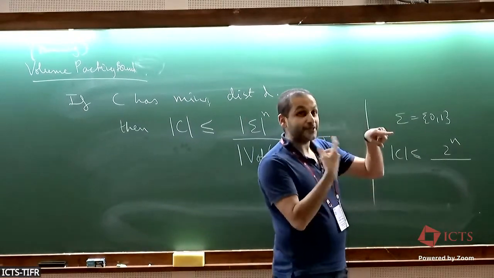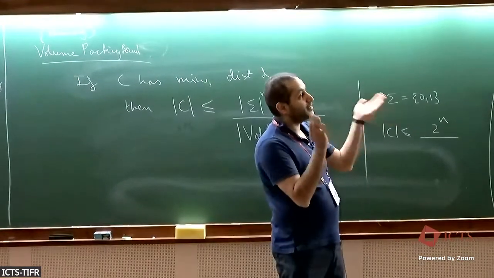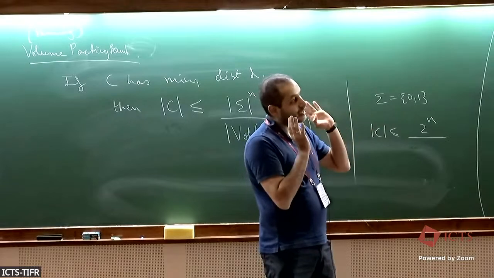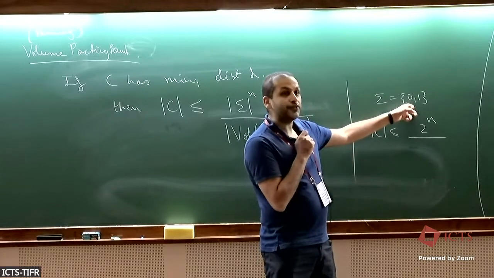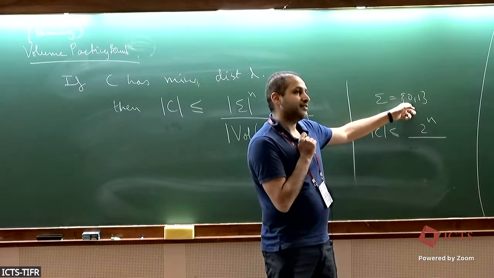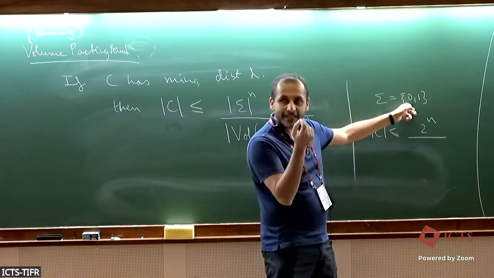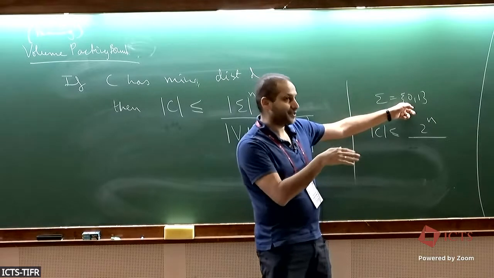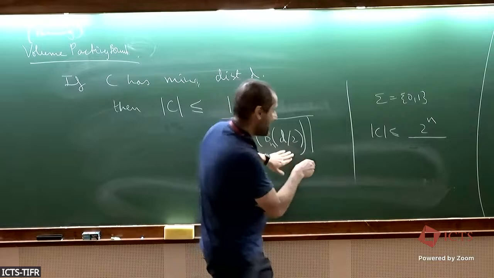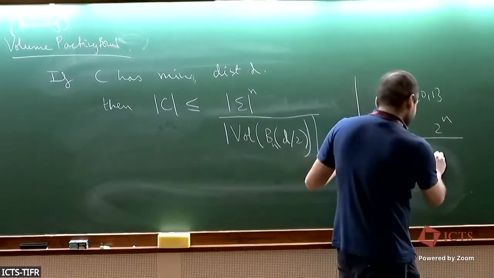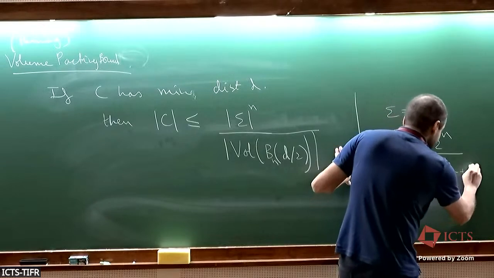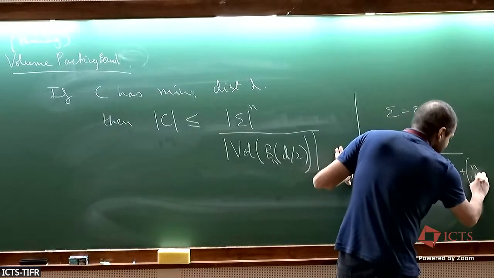Let's do it around 0. The Hamming ball around 0 is the set of all strings with at most d over 2 ones, which is n choose 0 plus n choose 1 plus n choose 2 all the way up to n choose d over 2. There are some integrality issues, so I will just write that down. So this is n choose 0 plus dot dot dot plus n choose floor of (d minus 1) over 2.